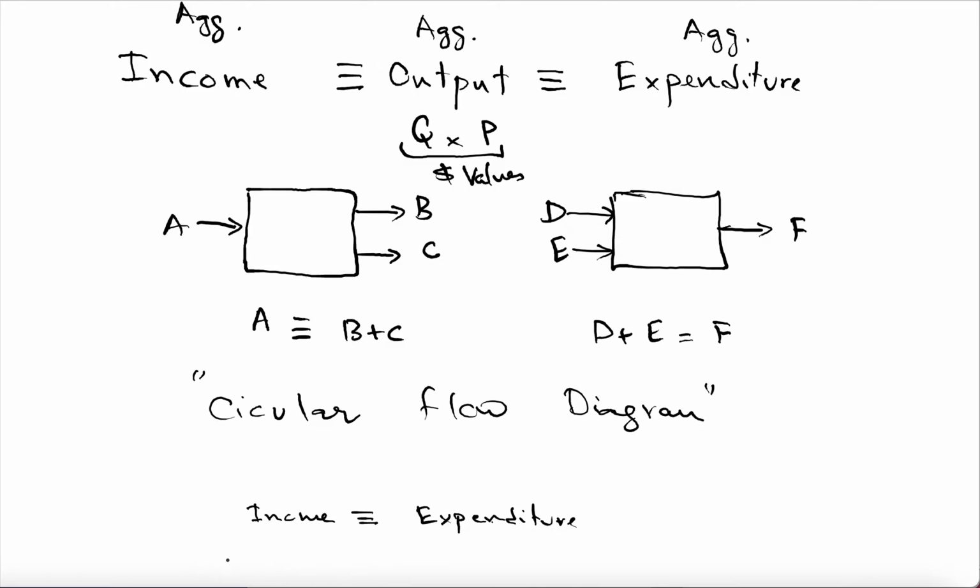So for the company it is an expenditure, and for you it is an income. So it's always true at aggregate level that overall income and overall expenditure should be equal.